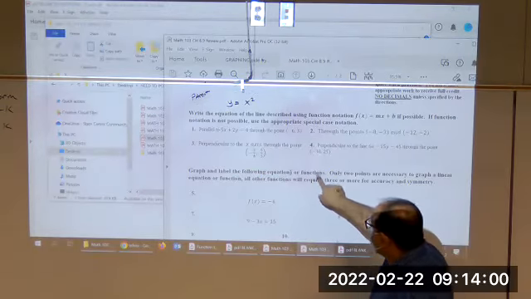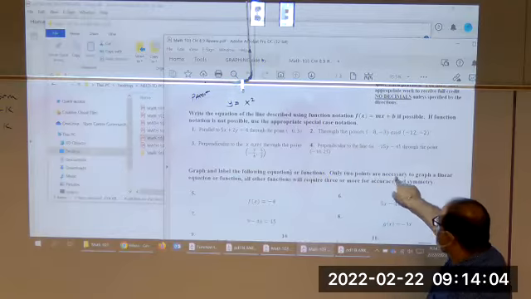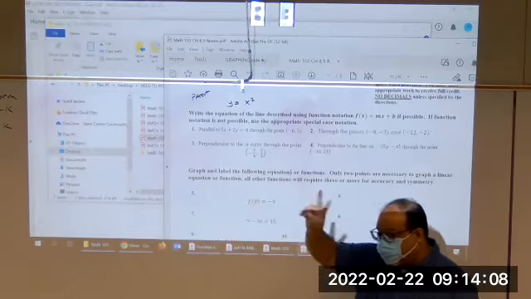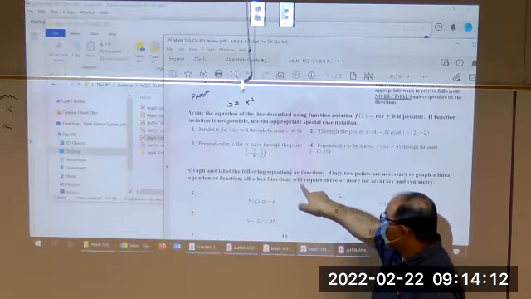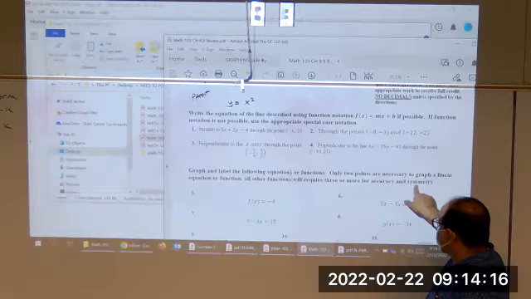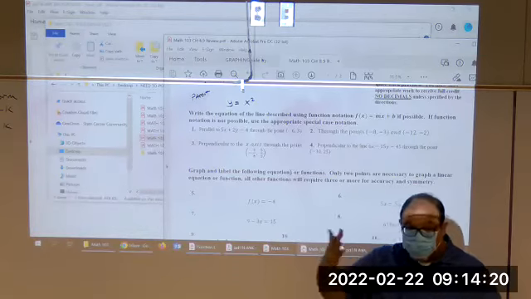Graph and label the following equations or functions. Only 2 points are necessary to graph a linear equation or function. So if it's a line, all other functions will require 3 or more for accuracy and symmetry. Now, I'm going to amend that.